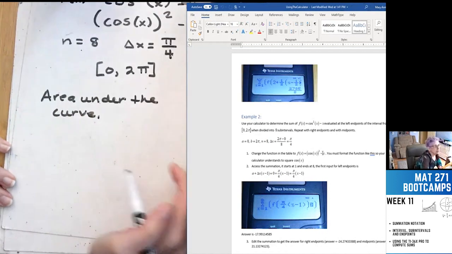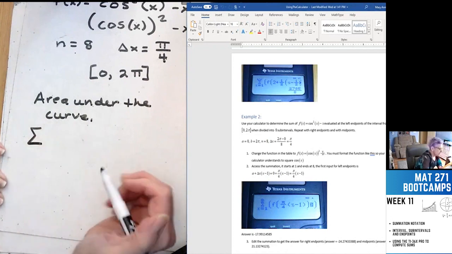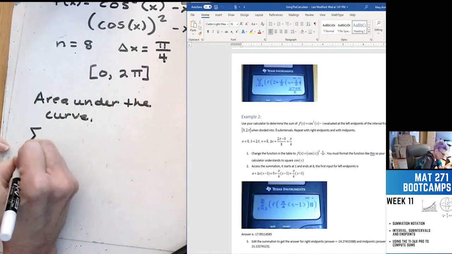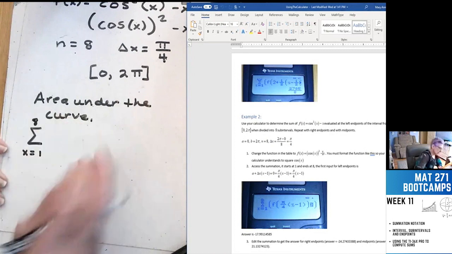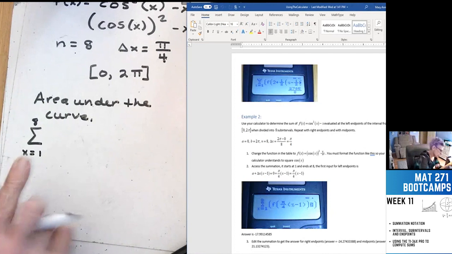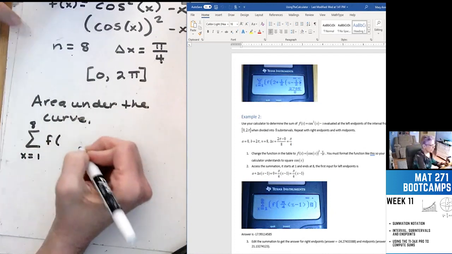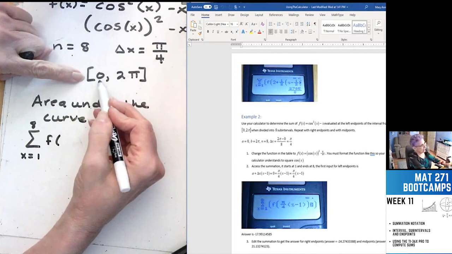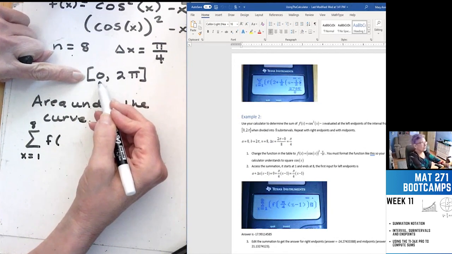And we're going to estimate it using my left endpoint. So I will need the sum as x goes from 1 to 8. This is always the number of rectangles. F of my starting point. Well, 0 is my favorite starting point because I can ignore it.